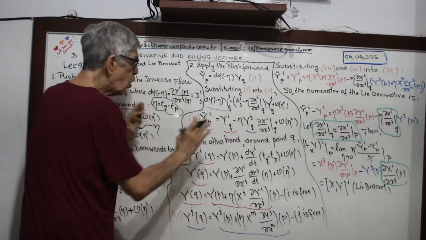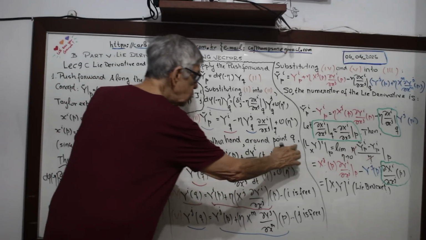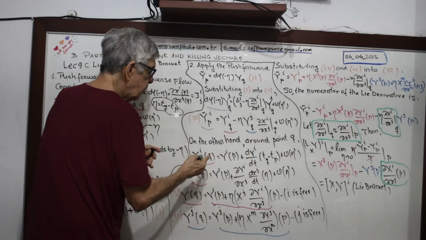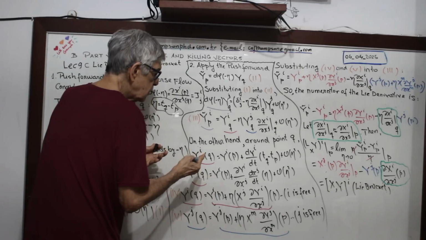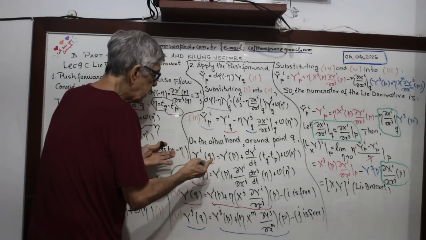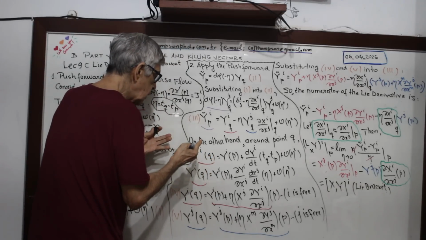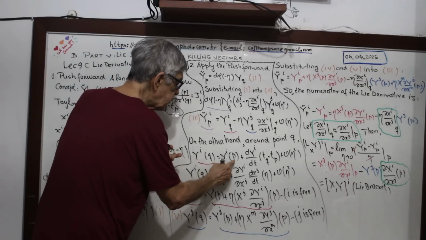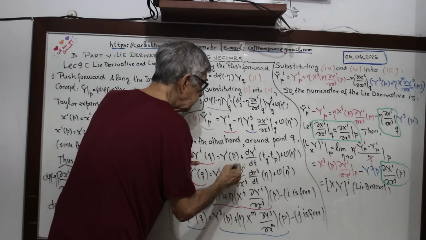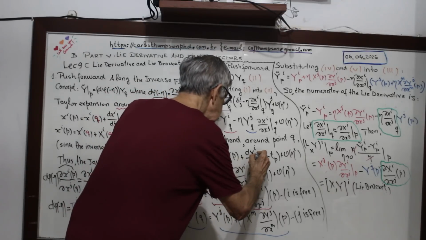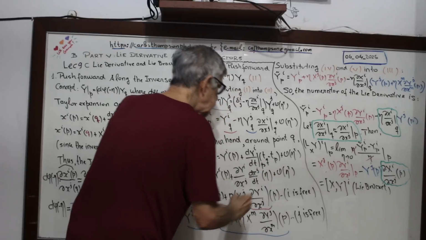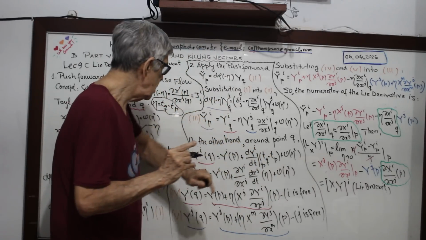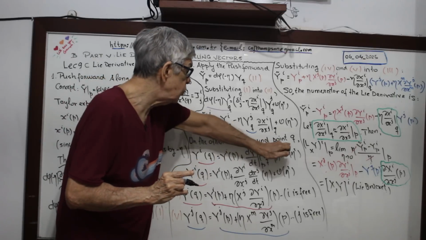Now, on the other hand, around q, using the Taylor expansion I can express the capital Y at q in terms of p. You see, this is p, and here is tq minus tp, because this is around q.